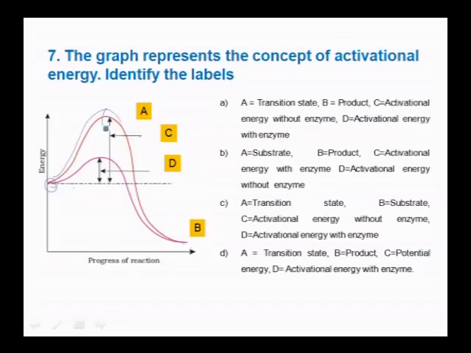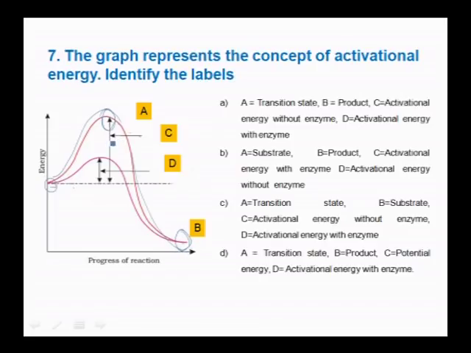And this particular point here labeled as A is indicating the transition state, that is a temporary unstable state formed by the association between substrate and the enzyme molecule. And at the end, we have got B here, this indicates the product.